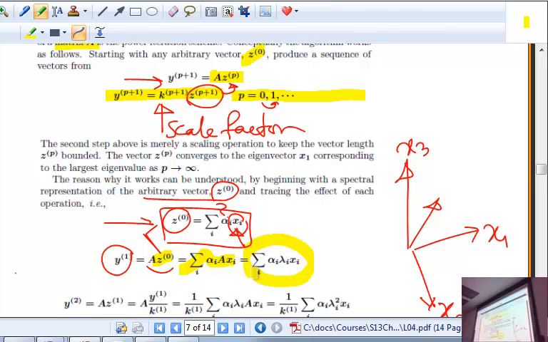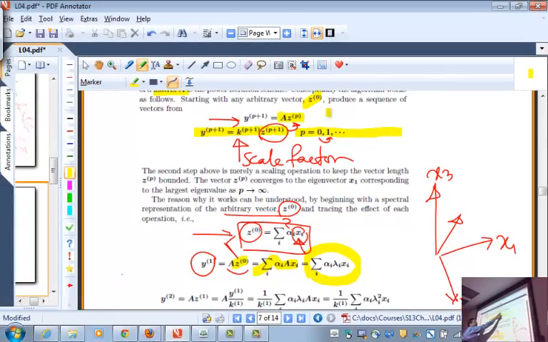And then we are going to scale it, right? So y2, when p is equal to 1, y2 will be A Z1. And that will be A times 1 over K1, where K1 is the scale factor, multiplied by y1. Y1 we already have. So take that y1 and substitute in here. So you will get a 1 over K1 factor plus a summation of alpha i lambda i.